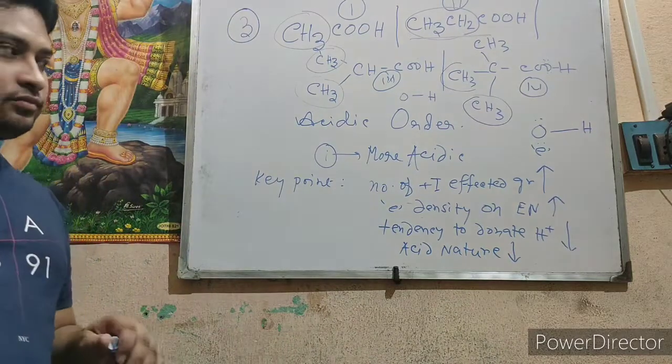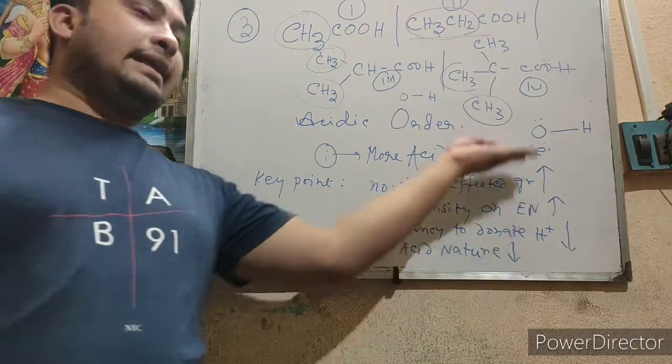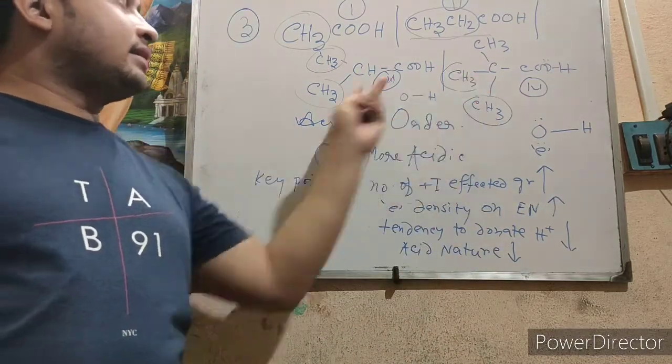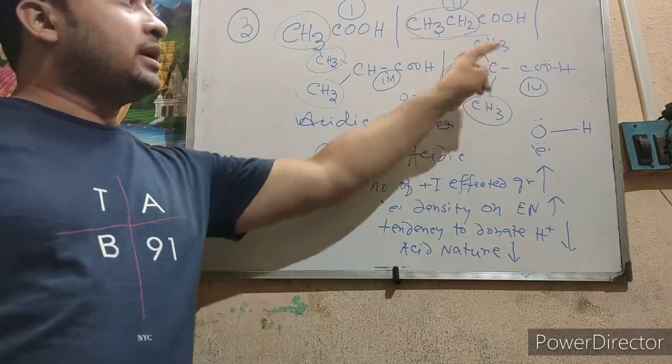Number of plus I affected groups increasing, as like this: number of I affected group 1, number of I affected group 2, number of I affected group 3.